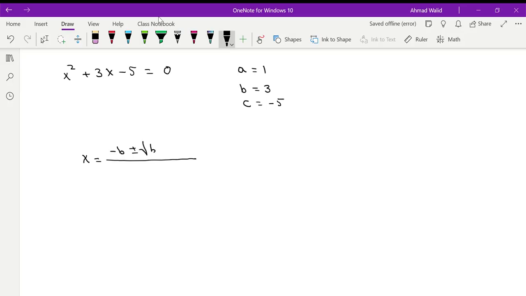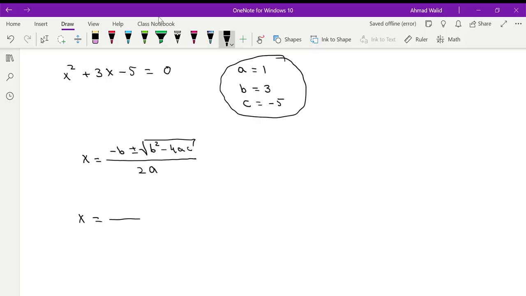It's a good practice to put first the formula, negative b plus minus square root of b squared minus 4ac over 2a. Now plug in a, b, c. You know already how much is a, b, and c. Plug in this formula, do the operation, and you get the roots of the equation. X equals negative b.